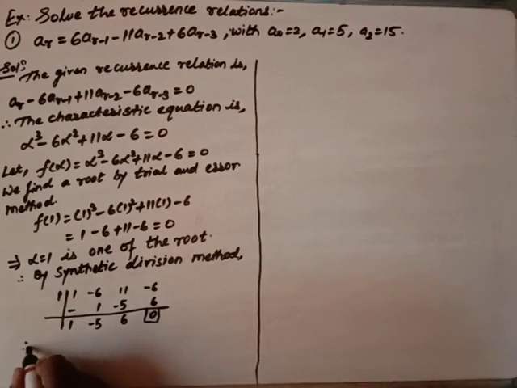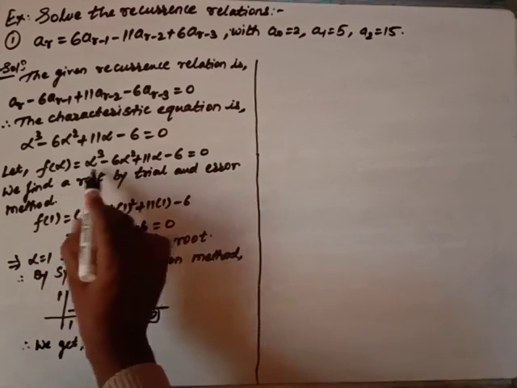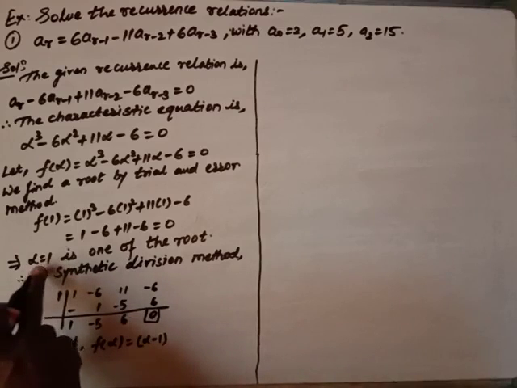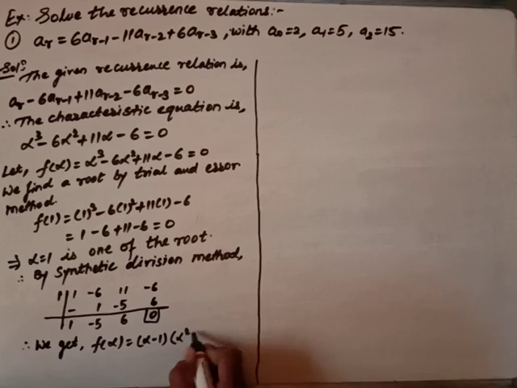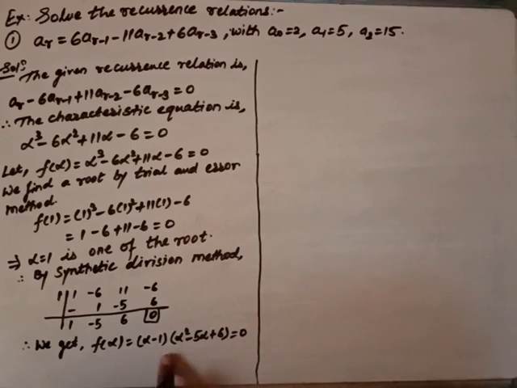Therefore f of alpha equal to 0, and f of alpha can be written as alpha minus 1, which is from the root alpha equal to 1, times this quadratic factor. This is the coefficient of alpha square, this is the coefficient of the alpha term, and this is the constant, so plus 6, that is equal to 0. This f of alpha can be written as such.